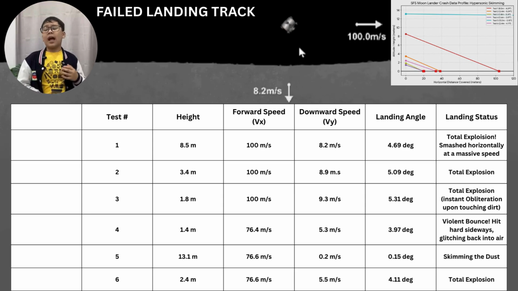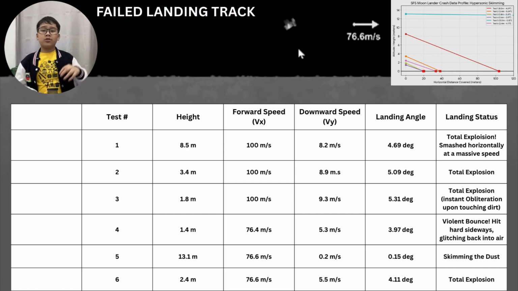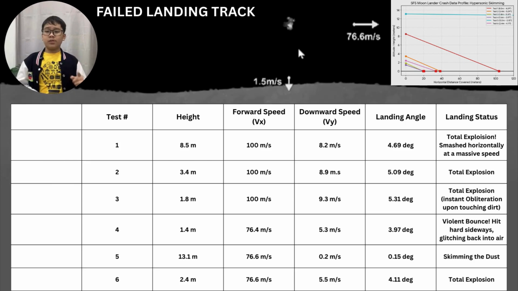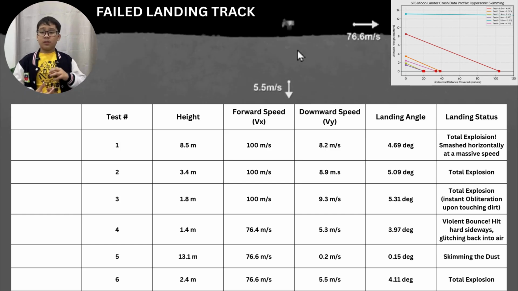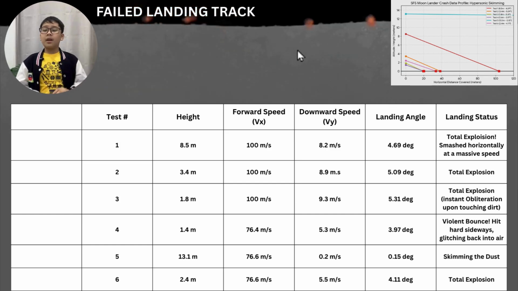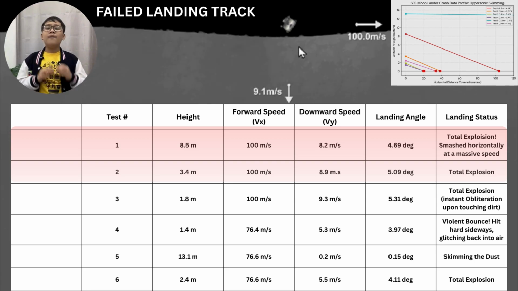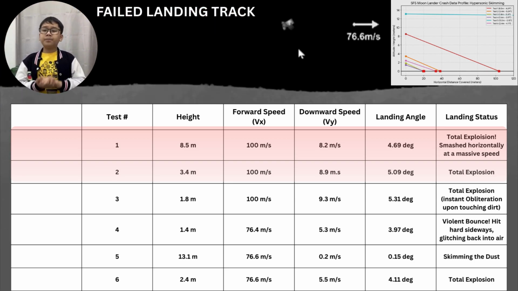Next, we look at our crash data below. We discovered that even if you slow down your downward drop, like in test 5, where it was only 0.2 meters per second, you will still explode if your horizontal speed is too high. Our landers were screaming across the moon at 100 meters per second, creating very flat 4-degree and 5-degree angles.